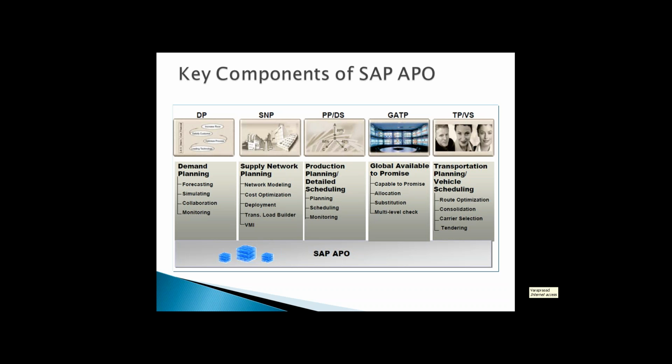Suppose, for instance, I will give an example. Here I have a requirement of 100 laptops from a customer. Whenever the customer asks for that, in the system you create an order for it, which is nothing but a sales order. While creating a sales order, you will do an ATP check, to see what the stock is and when I can commit to the customer.